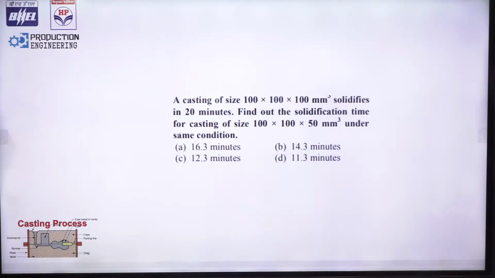A casting of size 100 into 100 into 100 millimeter cube solidifies in 20 minutes. How much time will be taken to solidify a casting of size 100 into 100 into 50?